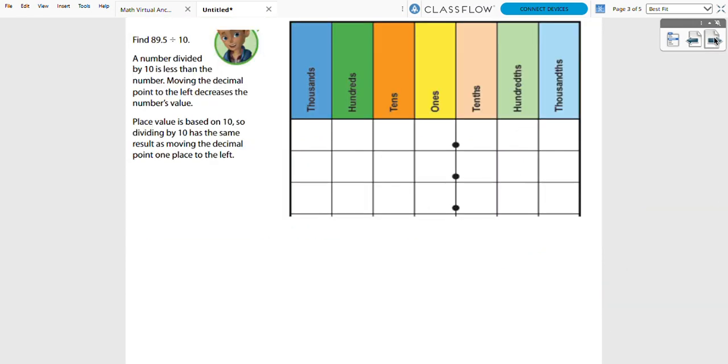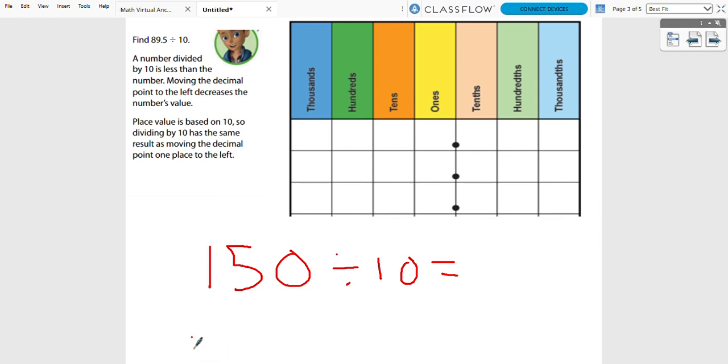To find 89.5 divided by 10, we have to think first of what we are doing. Use your number sense. If I had a number like 150 divided by 10, this number would not grow. You're taking 150 and splitting it into 10 equal groups.